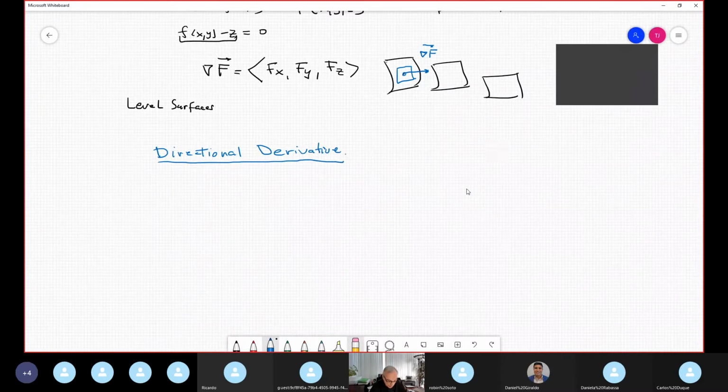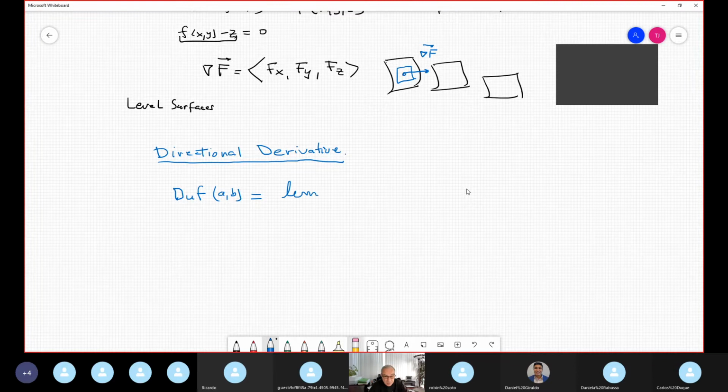Entonces, according to the definition, the notation that we are using for the directional derivative is like that. Look, capital D sub u of F, evaluated at one specific point (a, b), is equal to the same definition as for the derivative, but in any direction.